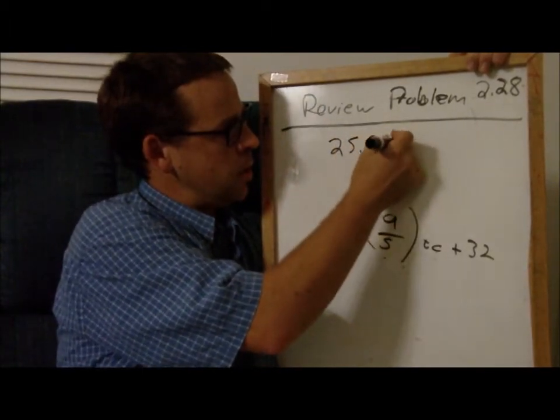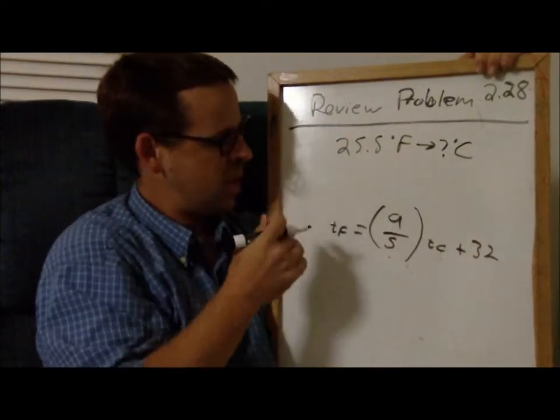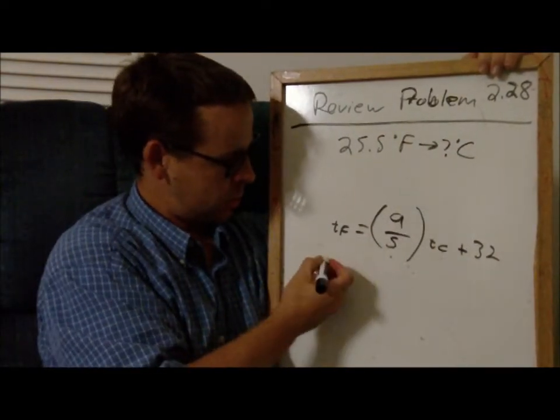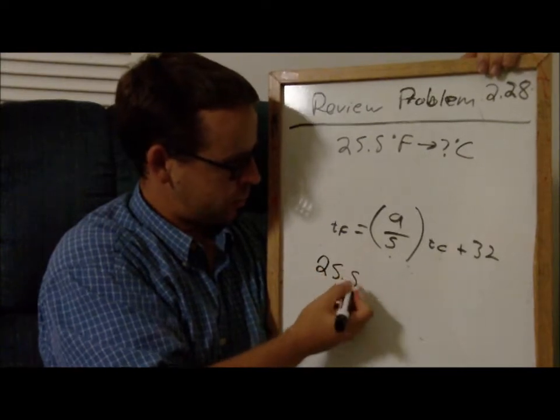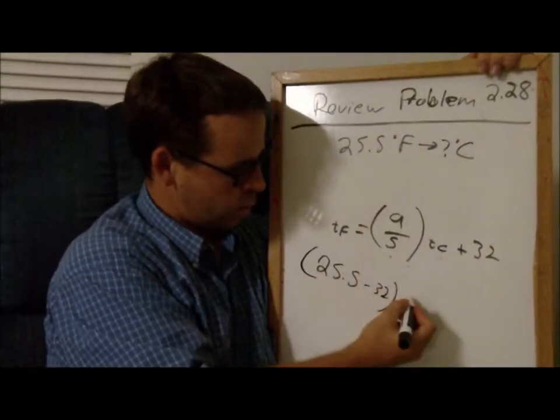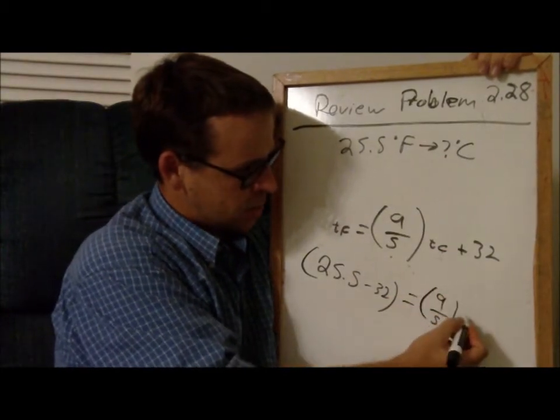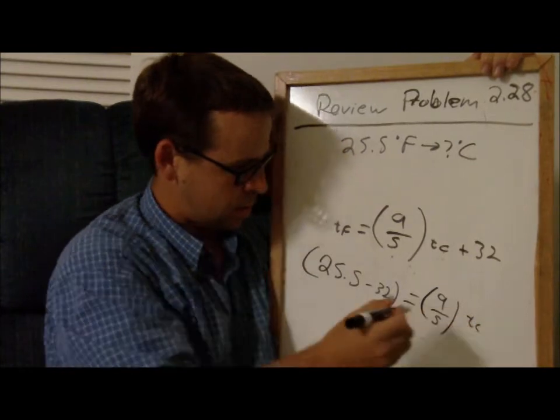25.5 degrees Fahrenheit is how many degrees Celsius? All right, so we're now given this value right here, 25.5. We have to subtract 32 first. Again, our order of operations, and that's going to equal 9/5 times the temperature in Celsius.